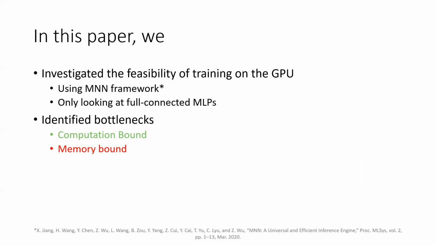Currently, MNN and CoreML, which is for Apple, support CPU for training, but our aim was to use the GPU. That's why we chose MNN, because it's also not proprietary like CoreML. And we were only looking at fully connected MLPs, which involve a matrix multiplication and then a nonlinear activation.